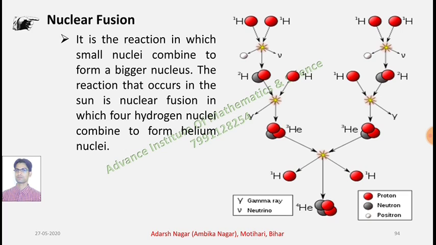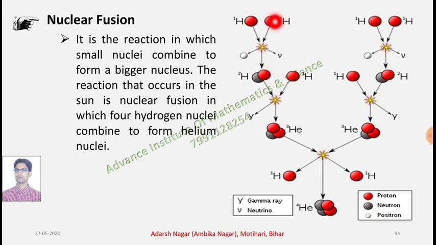Here you can see this is hydrogen, that is protium. Here is another protium, and we know that hydrogen is the smallest nucleus, and these combine to form deuterium. Deuterium means having mass 2.